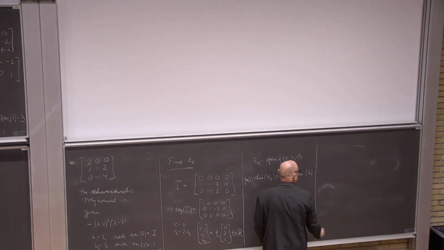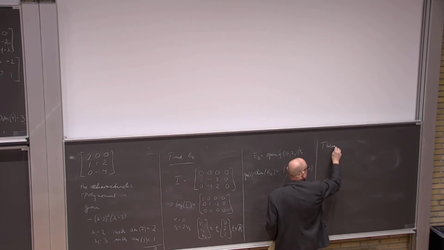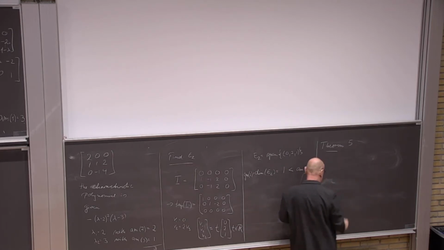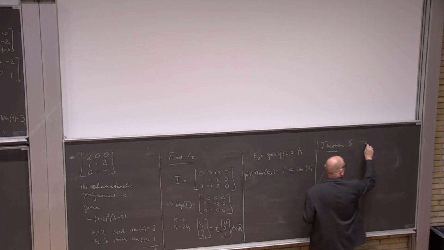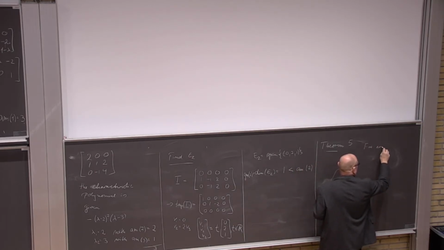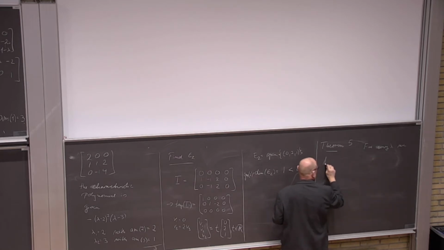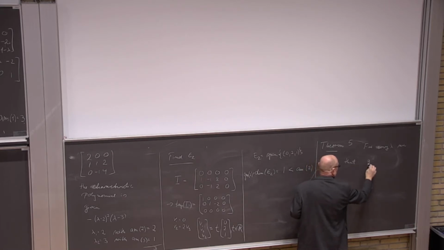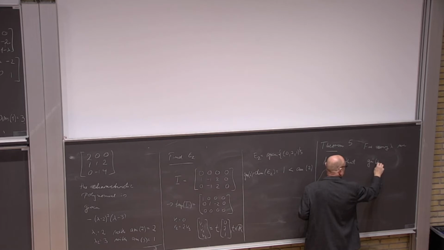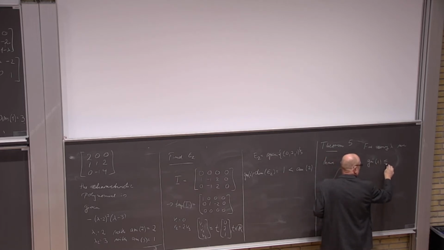So a couple of theorems. This will be my theorem 5. For every lambda, we have that the geometric multiplicity is less than or equal to the algebraic multiplicity.